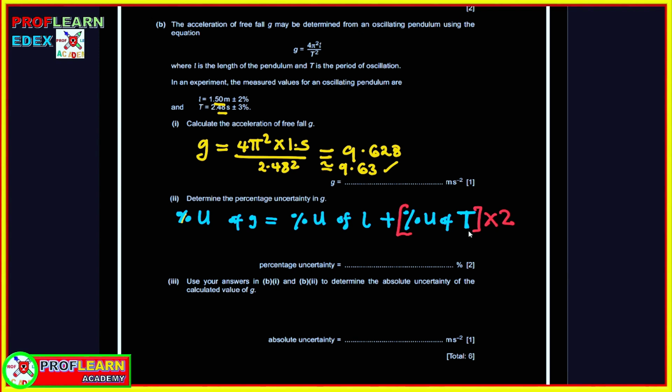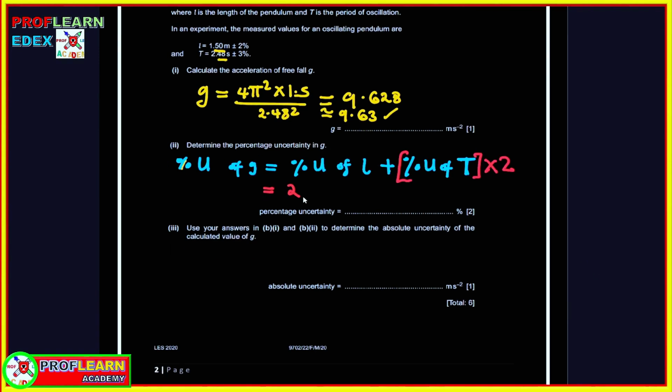If it was raised to power 4, you'll multiply by 4. Then we substitute the values that we were given, and that becomes 2 plus 3 times 2, because the percentage uncertainty of T was 3, times 2 because it was raised to power 2. If we work it out, we get our answer as plus or minus 8%.